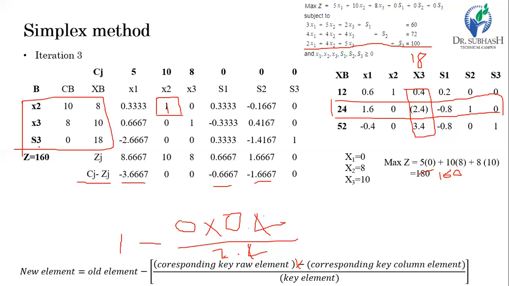When you get the value of S3 as a positive value in the basic variables, it indicates the unutilized or unprocessed amount of that particular resource. If you put the value of x1, x2 and x3, you get the value of S3 equal to 100 here.